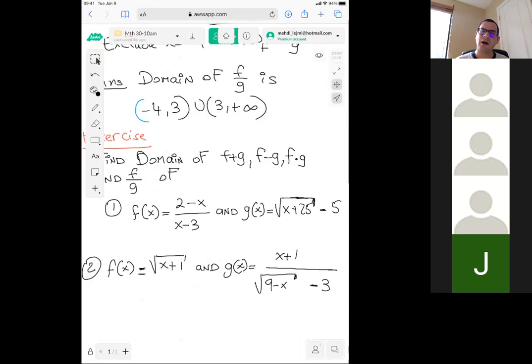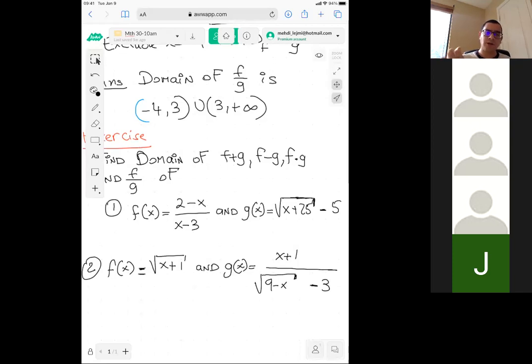How did you get the 20? Because g of x was x plus 25 minus 5. You subtract 25 minus 5? And I got 20. No, you cannot do that.